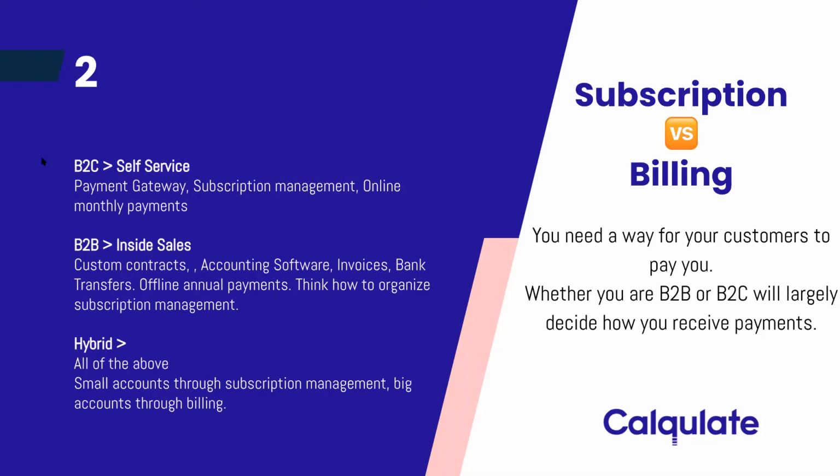They would either be sending from the CRM system directly, or the accounting system, or in some cases a subscription management tool. And the customers would pay with wire transfers here. So we call them offline invoices, offline payments. And here you really need to think about how to organize subscription management. And the hybrid solution is that, okay, you have lots of sources and you need to consolidate everything in one place to get a big picture.